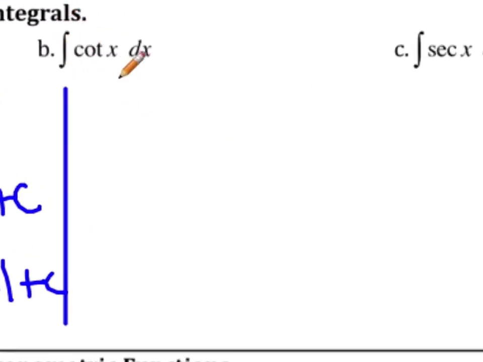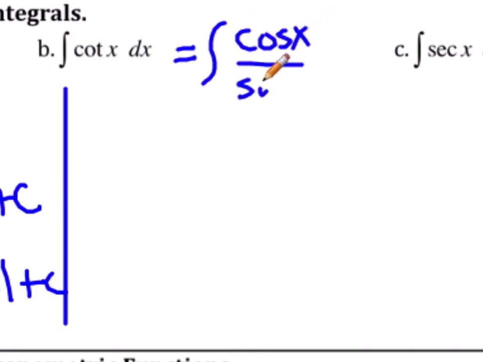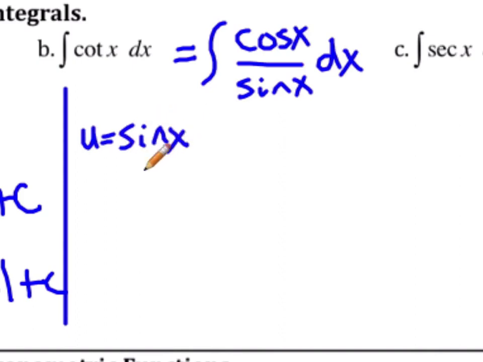All right, for our next example, we have the integral of cotangent x dx. And we're going to use the same type of idea where we switch this over and make it the integral of cosine x over sine x dx. And we need to choose u in the denominator, which is sine x, and u prime then is cosine x dx.